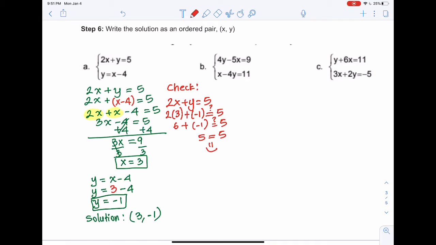Now let's try also the second equation. y is equal to x minus 4. So negative 1 for y, 3 for x, and negative 1 is equal to negative 1. So we also got this part right. Okay, so great job.